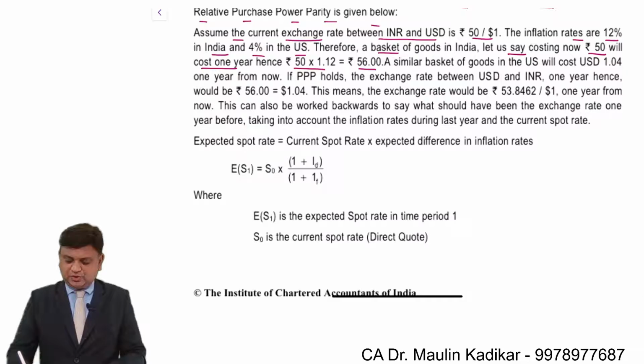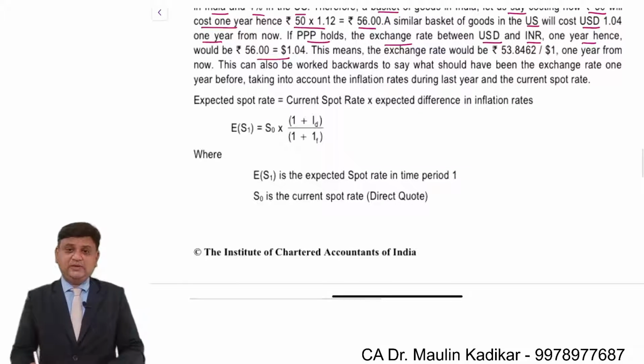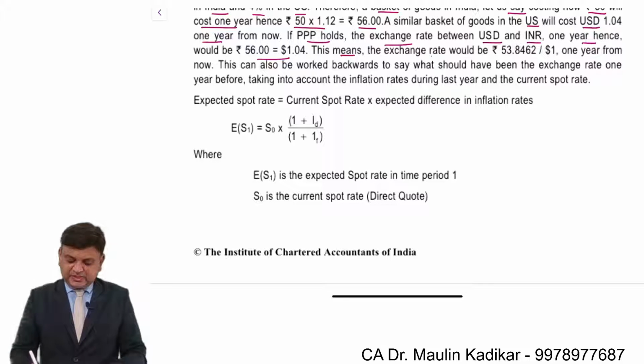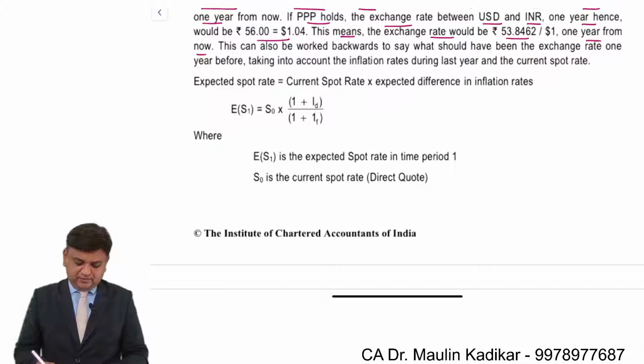A similar basket of goods in United States will cost $1.04 after 1 year from now. If PPP holds, the exchange rate between dollar and rupees 1 year hence would be 56 divided by 1.04. This means that the exchange rate would be 53.8462 rupees per dollar 1 year from now.